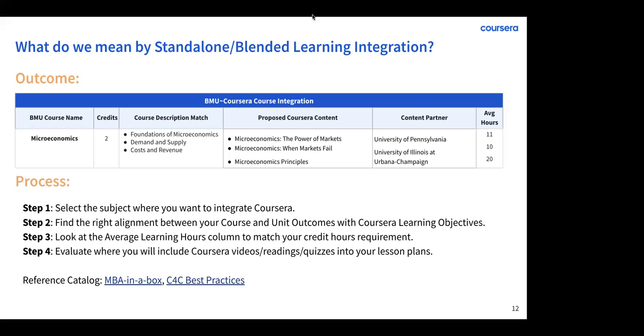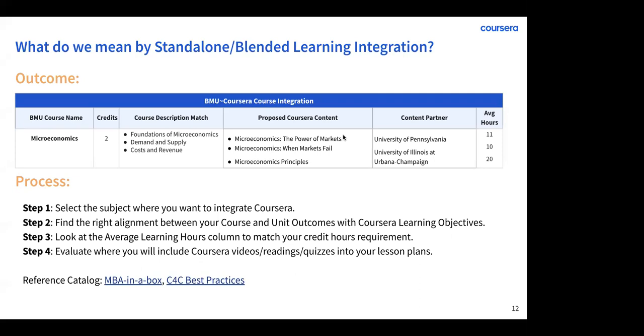And these are the average hours that usually a learner takes in order to complete these courses. So the faculty can basically replace the entire microeconomics subject by the Coursera courses, and the students can learn on Coursera completely. And then the faculty can just take the final assessment, and maybe Coursera courses will carry some weightage, and some weightage will be given to the final assessment that the faculty will take. This is called standalone learning, but of course you can do blended learning as well.